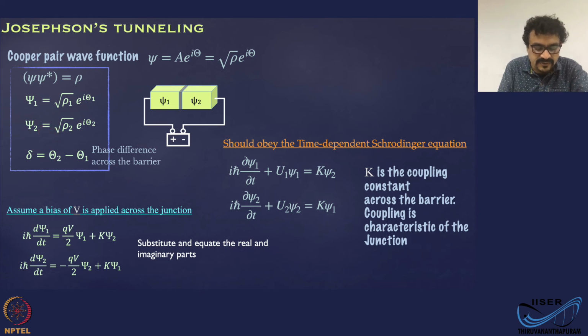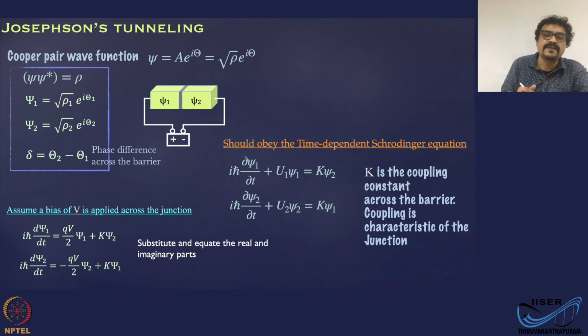Psi2 is the square root of rho2 into e to the power i theta2, where rho2 is the Cooper pair density on the right side. And delta we are defining as the phase difference between two sides, this is theta2 minus theta1. Now, these two are actually connected by a voltage source which is going to fix the potential across this device.